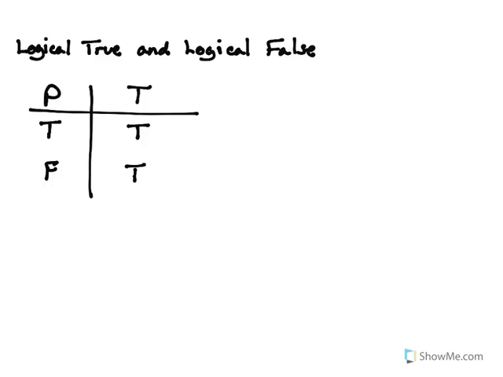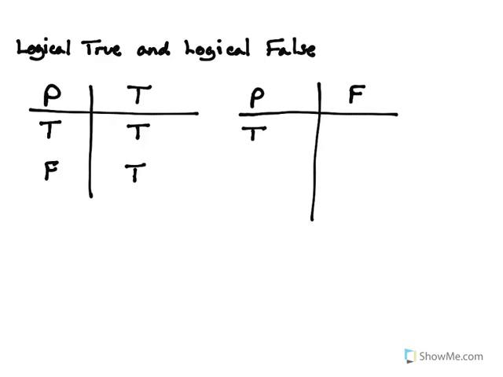Does that make sense? Something can be logically true no matter what the proposition is. And vice versa, if you have the opposite, a statement that's logically false, a logically false statement will always be false no matter what the proposition is.